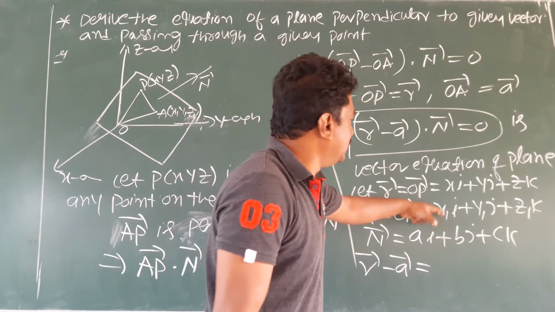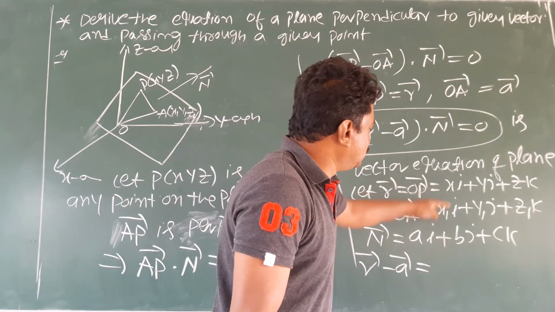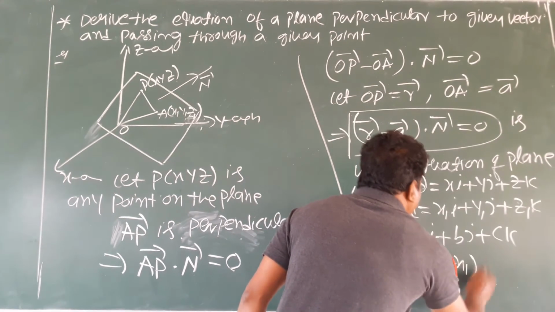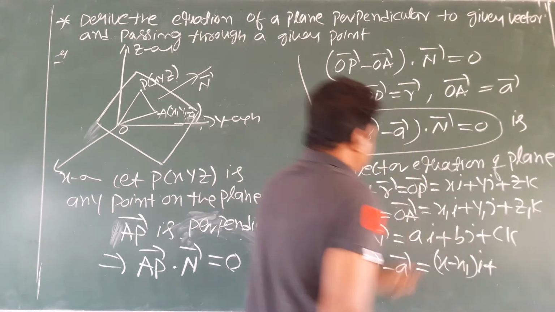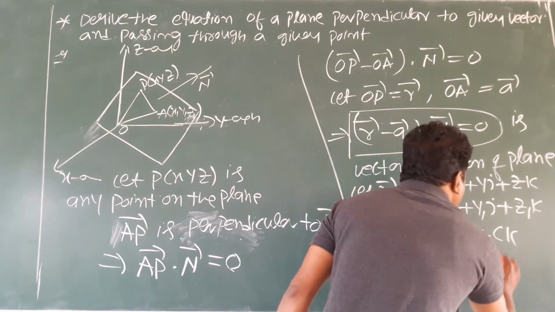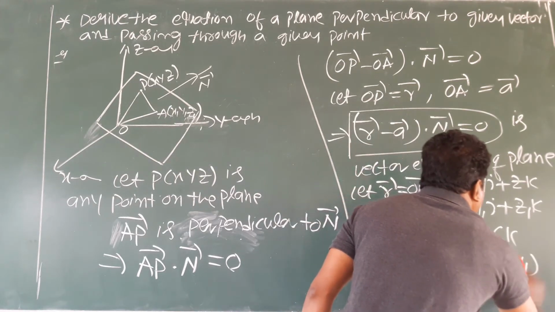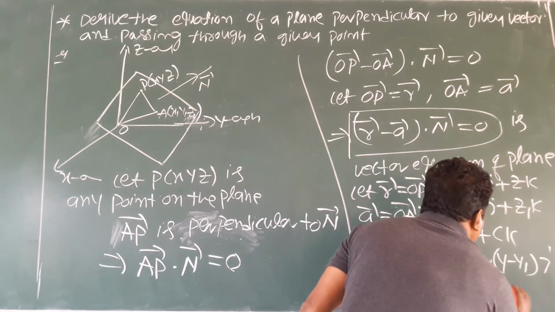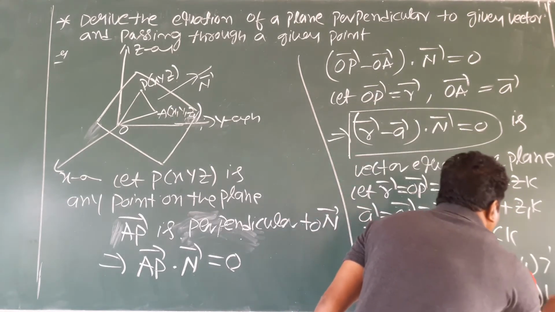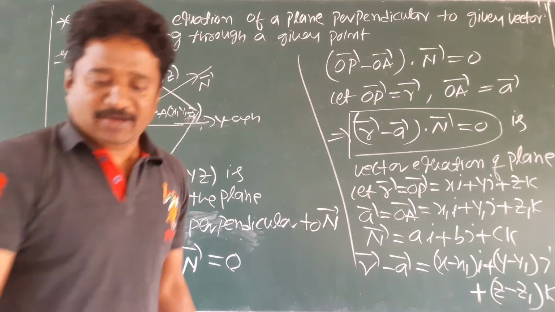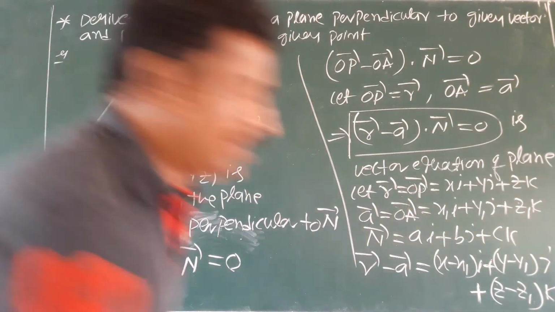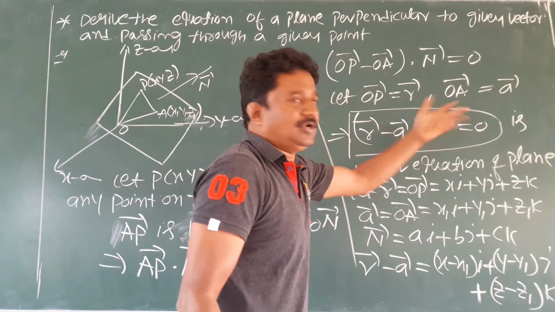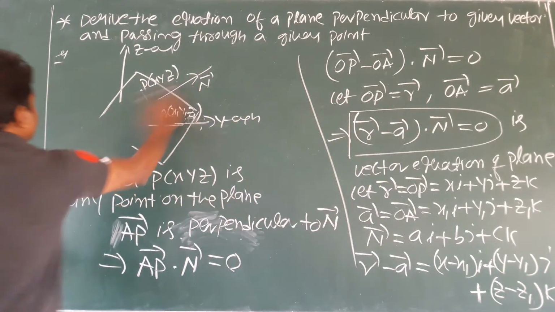Subtract directly: (x minus x1) into i plus (y minus y1) into j plus (z minus z1) into k. So we got r minus a. Now substitute in this, find the dot product, and you will get the Cartesian form.